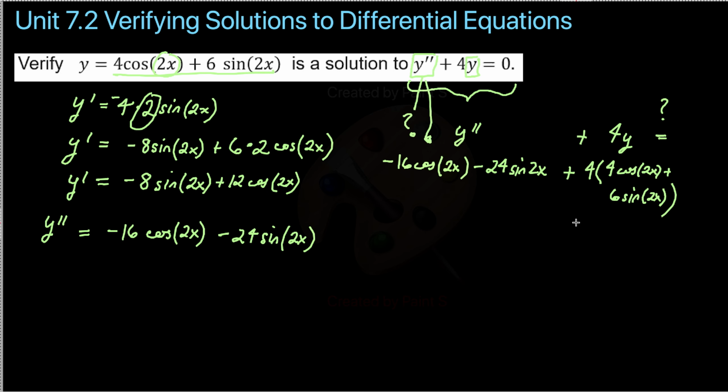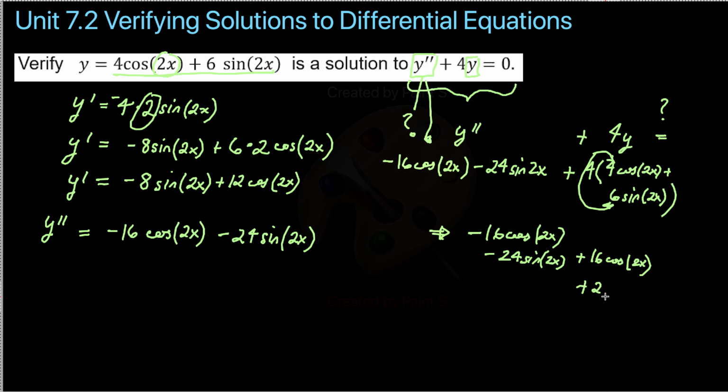Put it all in parentheses. I distribute the 4. What am I going to get? I'm going to get negative 16 cosine 2x minus 24 sine 2x plus, and I distribute that 4, 16 cosine 2x. And then I distribute the 4 to the 6 sine, which is going to be plus 24 sine 2x.